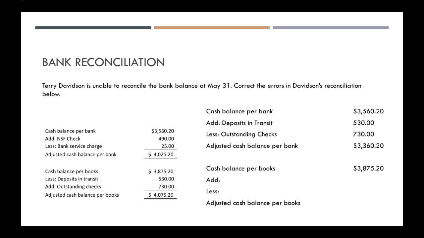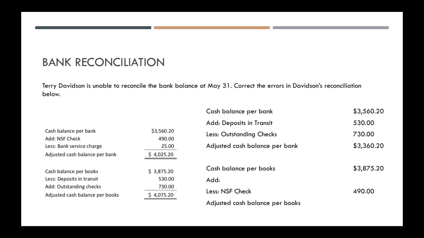So let's talk about an NSF check first. An NSF check is going to be subtracted from your cash balance per books. And why? Well, an NSF check is when you receive a check that you thought was a good check, but then realized after you deposited it, it bounced, right?